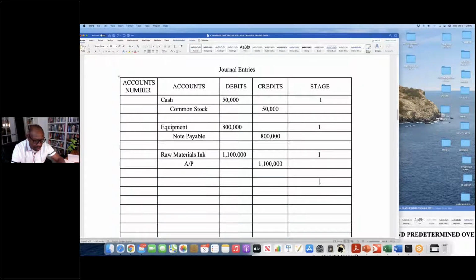Okay, so in stage 1, we buy the raw materials. When we get to stage 2, we're getting ready to transfer those raw materials to work in process so we can make the product.